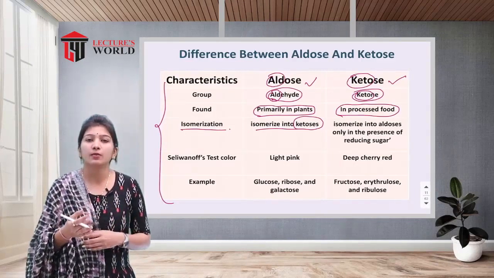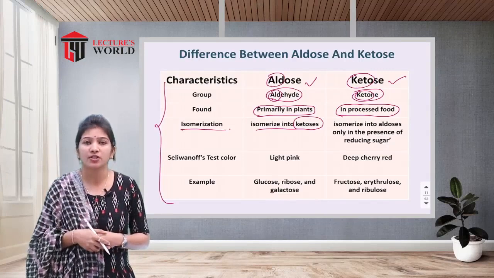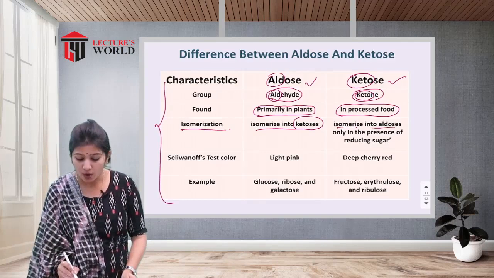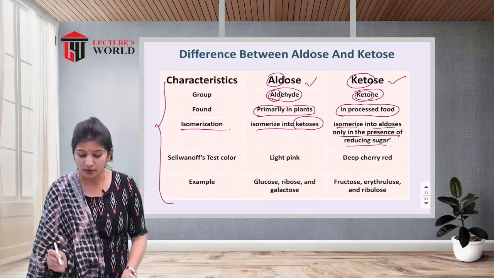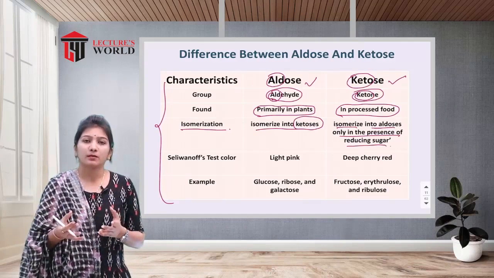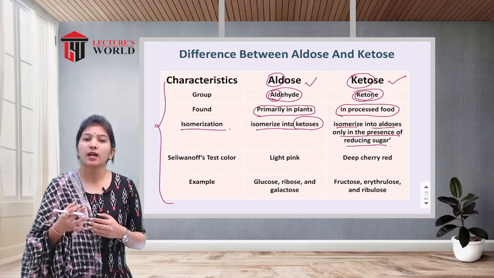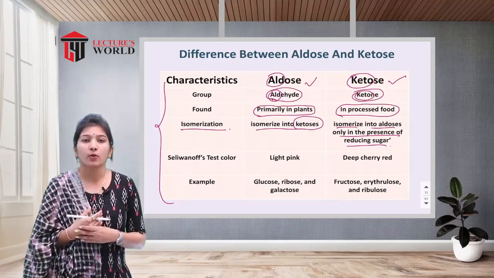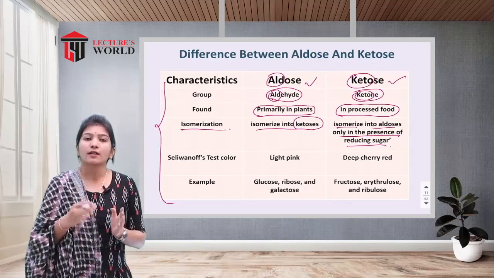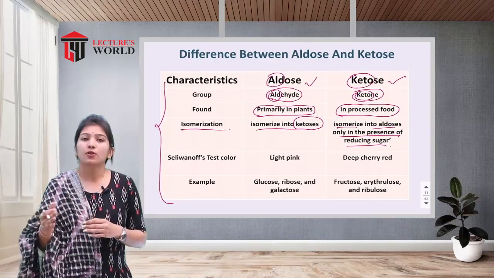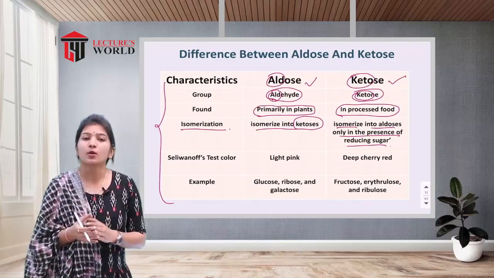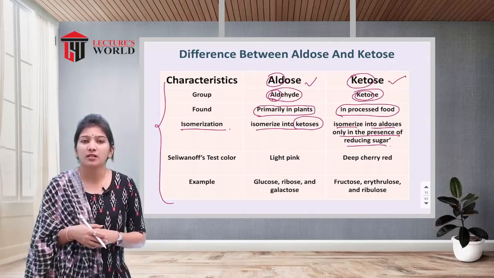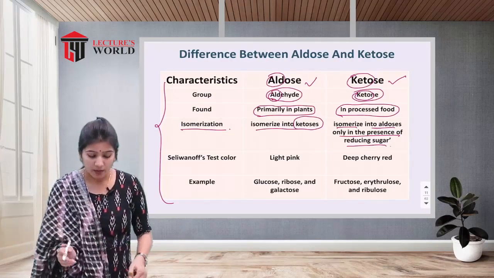Ketose isomerize into aldose only in the presence of reducing sugar. So it is very simple. If we apply more heat or expose the food to an extreme cold environment, the isomerization process takes place, so aldose are converted into ketose and ketose are converted into aldose. Isomerization means changes in the physical structure of any substance.